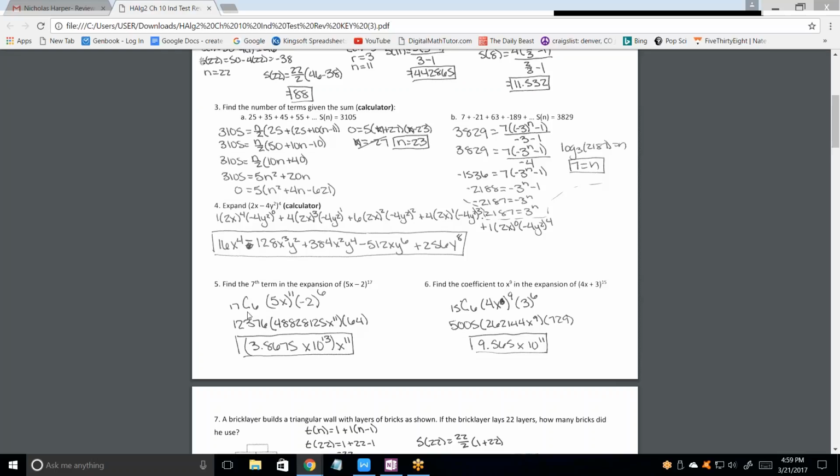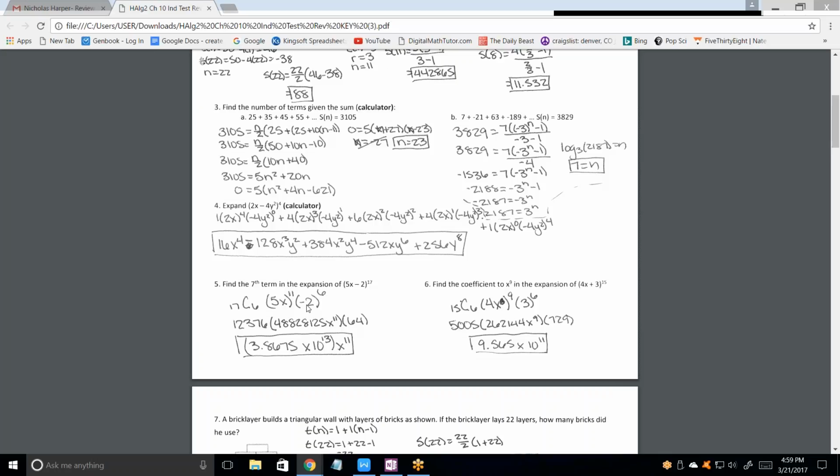Because remember, the first term is 17 choose 0. And the seventh term has an exponent of the a term of 11 and of the b term of 6. So now she can put in her calculator. First of all, she can come up with a number for 17 choose 6. You can get that out of a calculator. You can also figure out what 5 to the 11th power is. That's this number, 488282125.